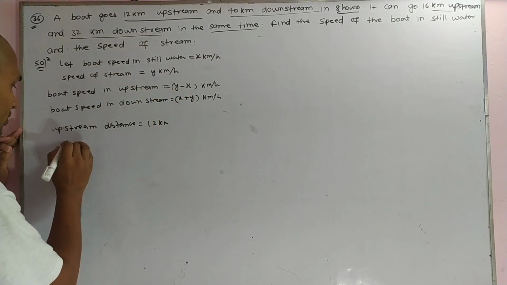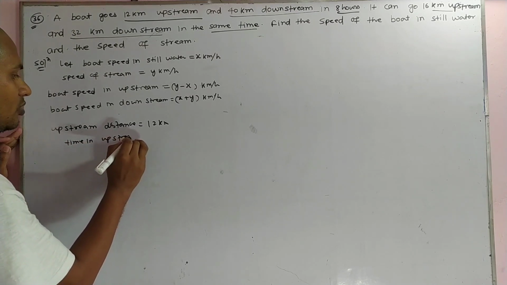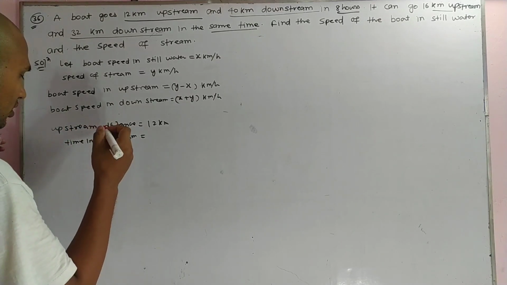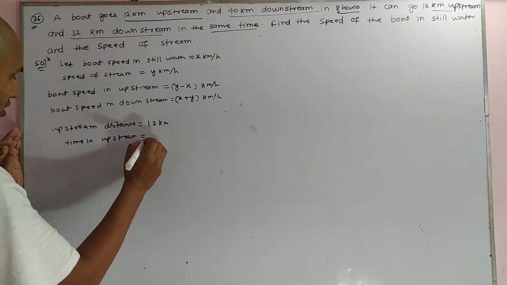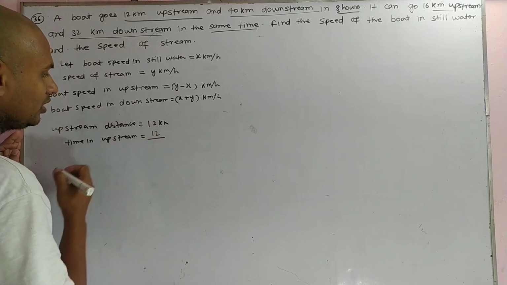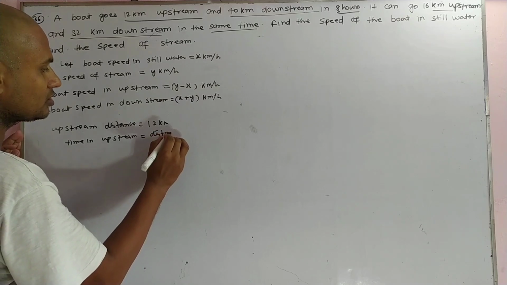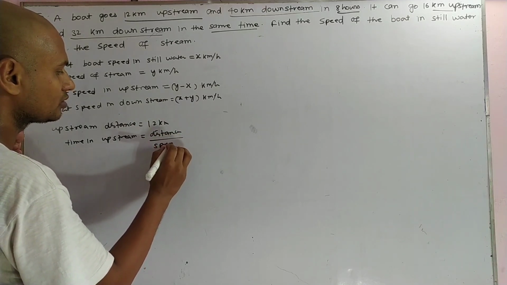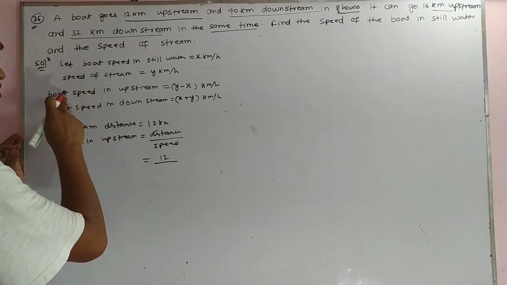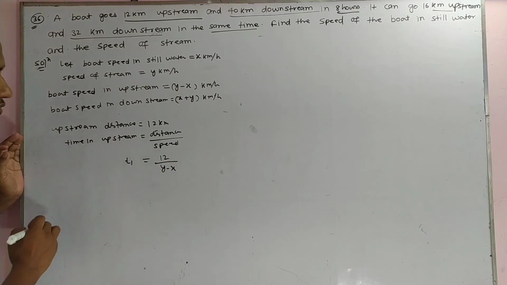So if you find the time in upstream, then t equals s by v, that is distance by speed. The distance is 12 divided by the speed in upstream, that is y minus x. This is t1.